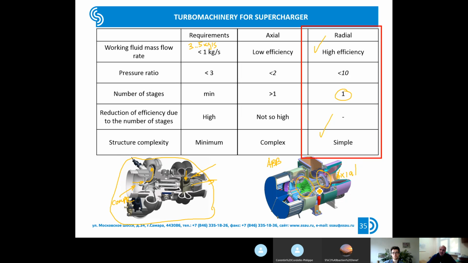Sometimes they are very unexpected areas, and that's why at the next lecture and at the last part of this lecture, we will discuss the application of the turbomachinery.